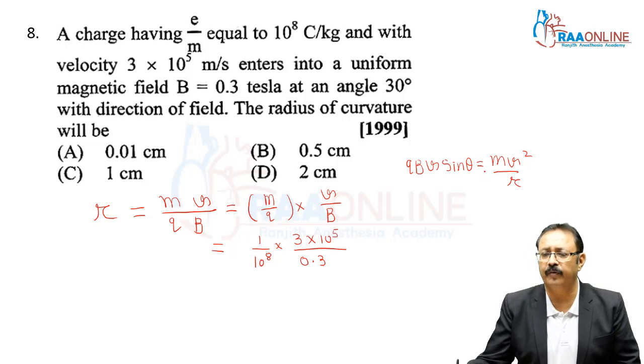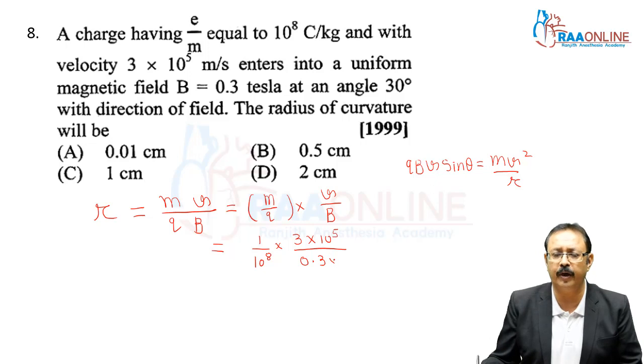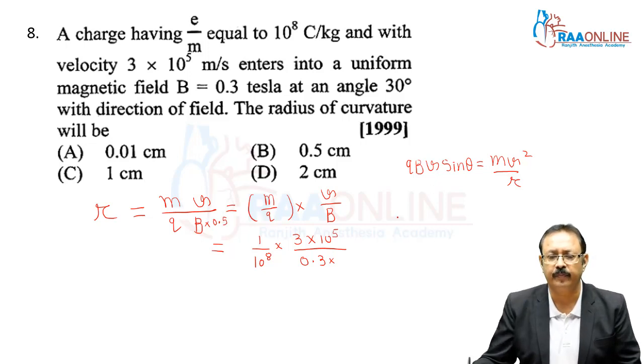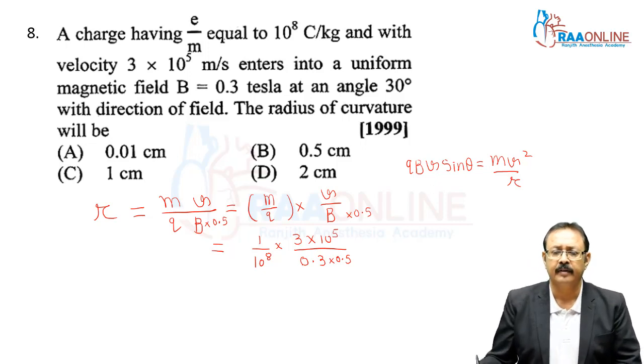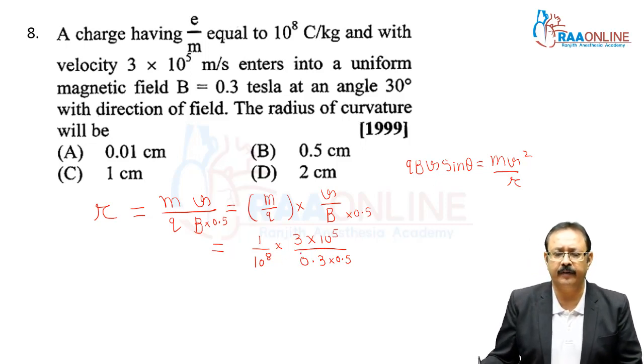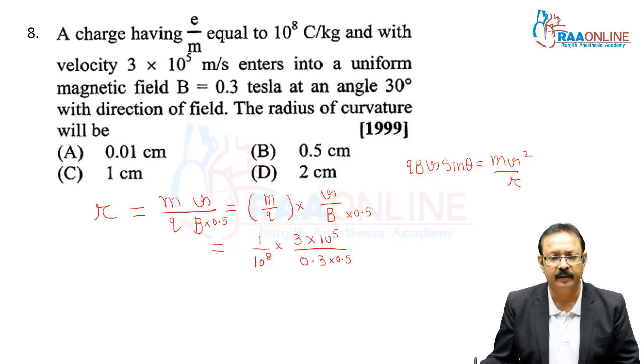So r will be, sine 30 means 0.5, sine 30 is 1 by 2. So 10 to the power 5, 8 zeros we have in the denominator. 2 we will use to remove these two decimals. 5 we will cancel with this.